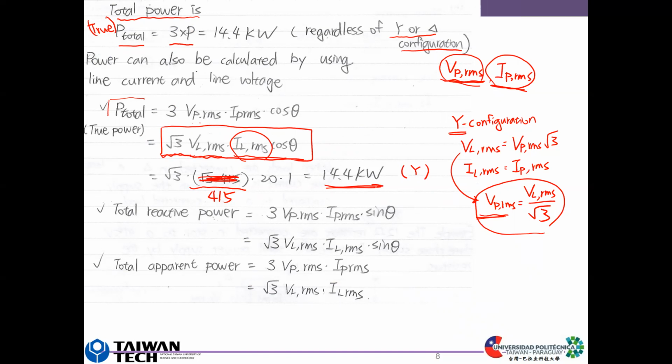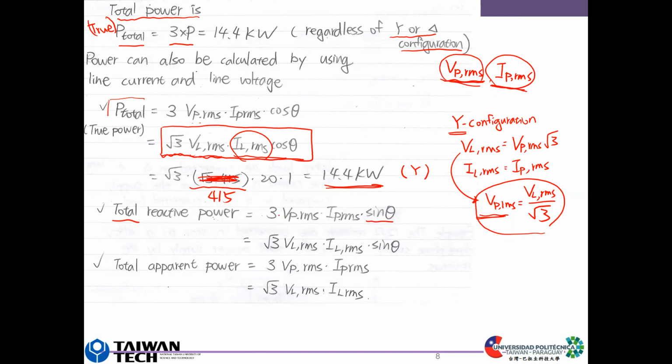Okay, and if you want to calculate the total reactive power, just multiply by sine theta.